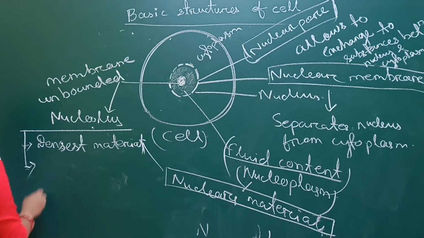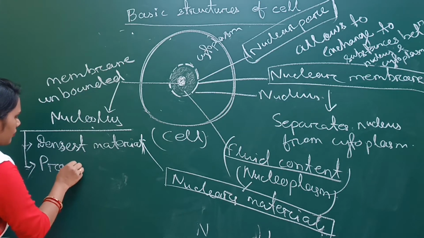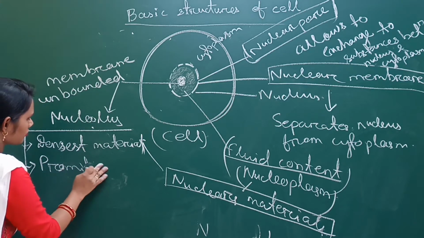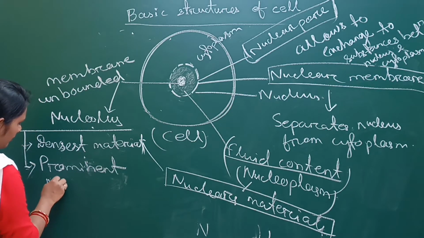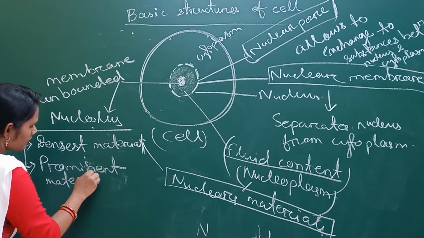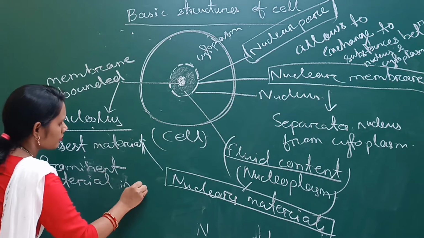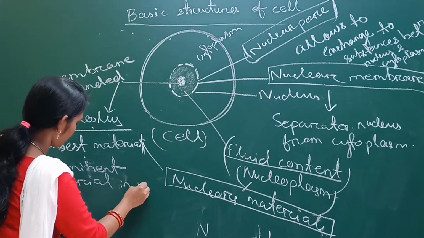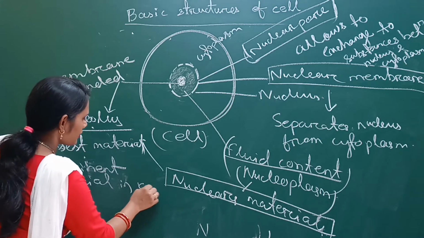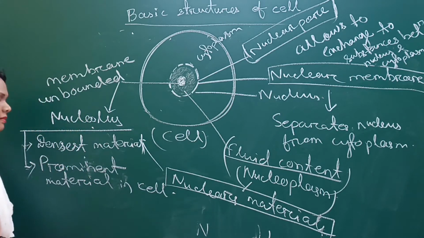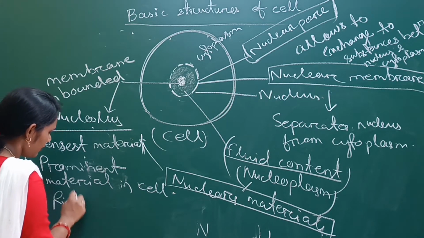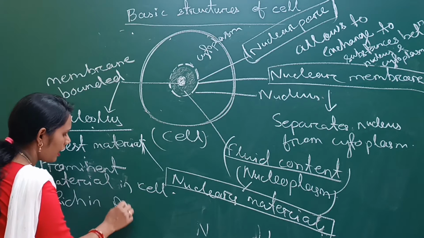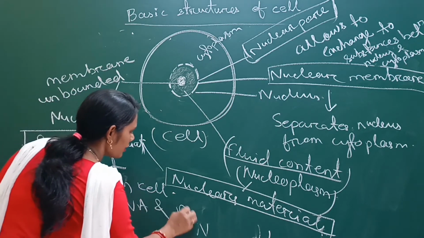So it is the most prominent material in the cell, because it is much denser, and it is rich in RNA and protein.